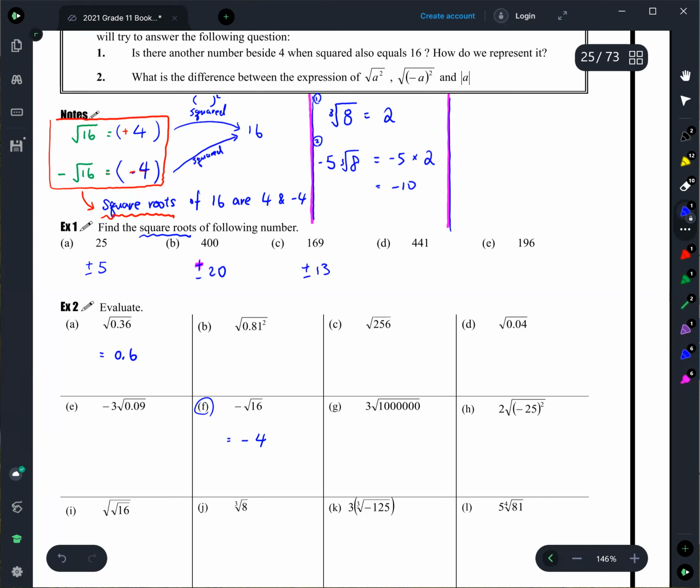Yep, good. So when they ask for square roots, you need plus minus. Bernice, question D. Plus or minus 21. And question E. Plus or minus 14. Okay, good.